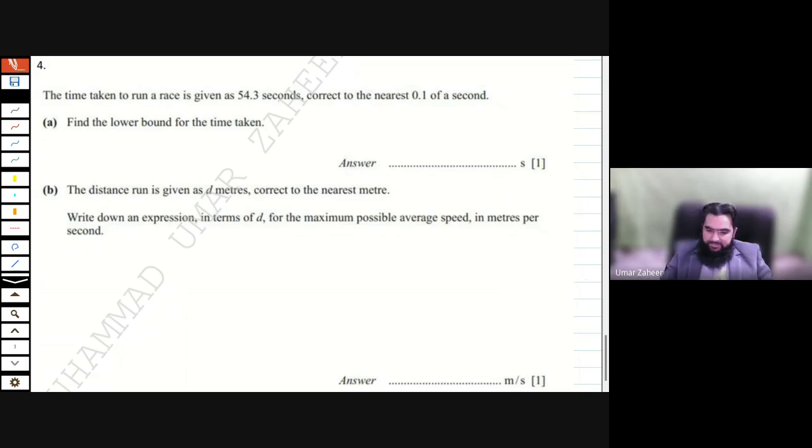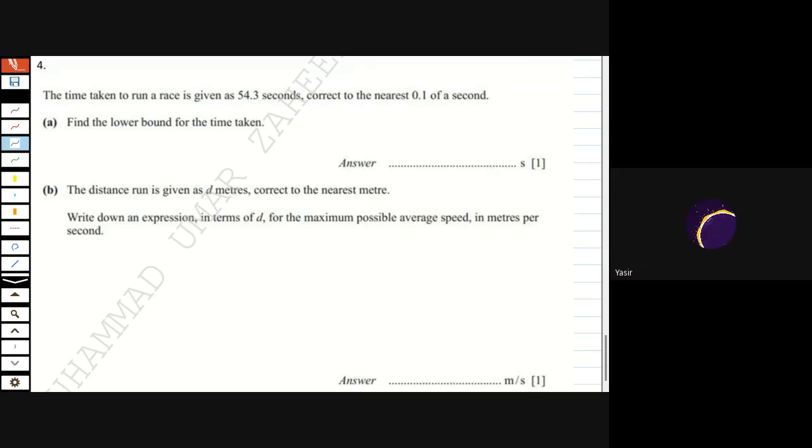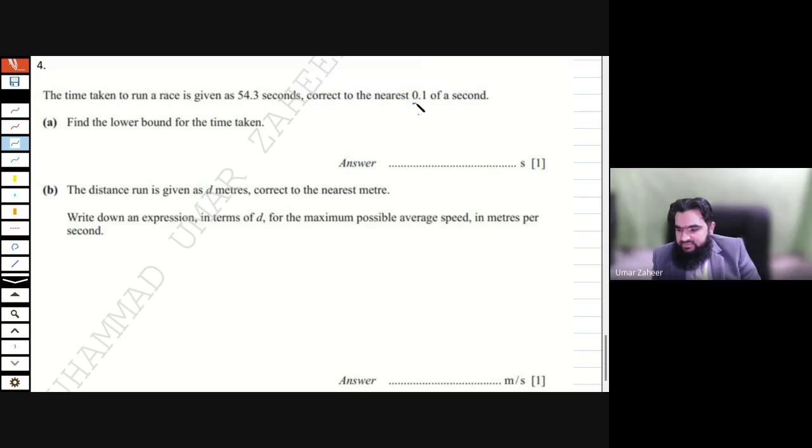All right. Now the time taken to run a race is given as 54.3 seconds, correct to nearest 0.1 of a second. Yes, Yasir. What will be the first step? Sir, divide 0.1 by 2. Divided by 2. Yes, Iman, tell me the lower bound of the value of time taken.